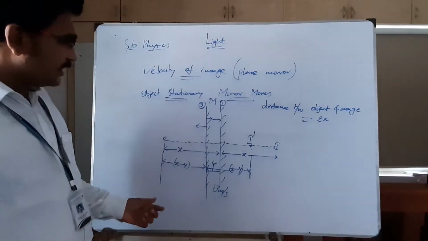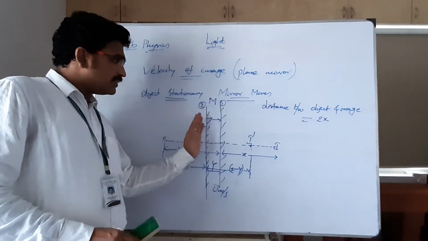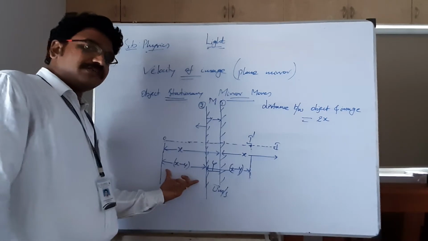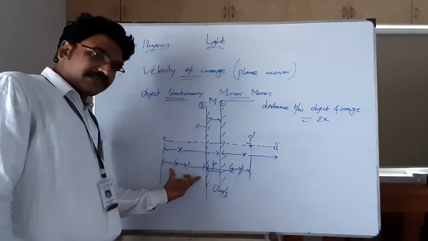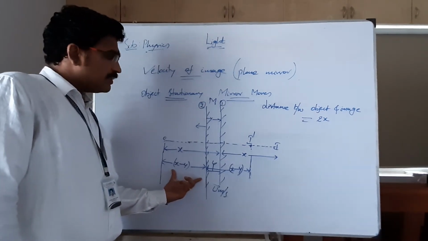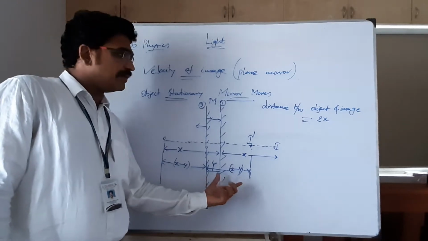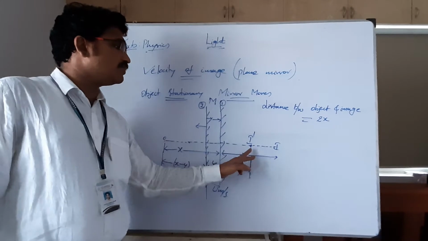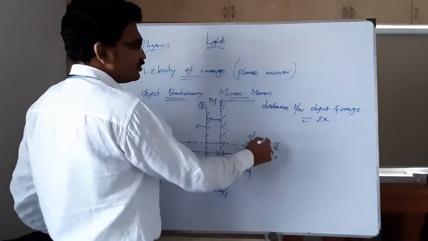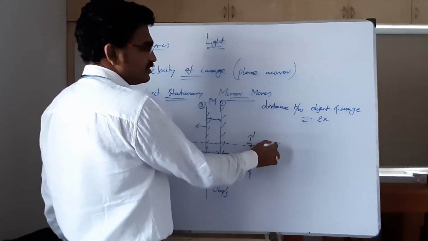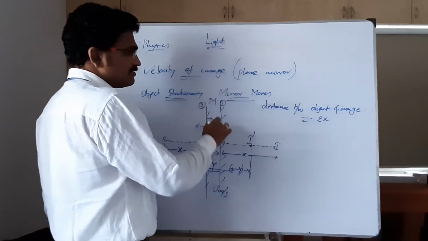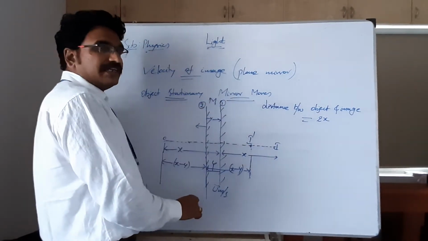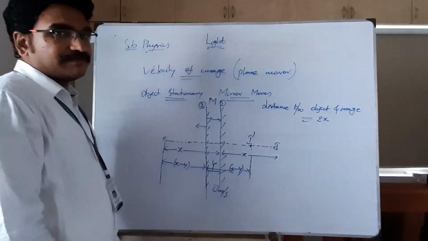So you see here, when the mirror is shifted a distance of y with a velocity u, the object distance is x minus y. When object distance is x minus y, the image distance is x minus y. It means the image also shifted from this point to this point. So what is the image first? When the mirror is at the first position, the image is I. When the mirror is at the second position, the image is I dash.